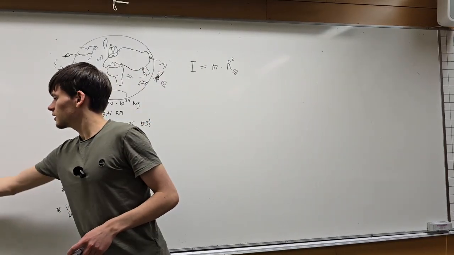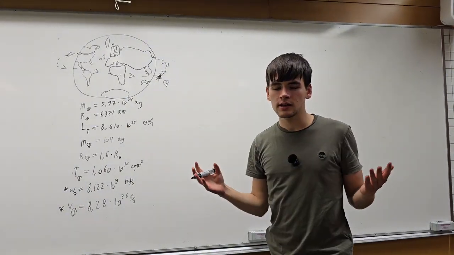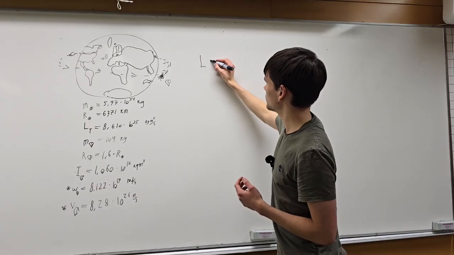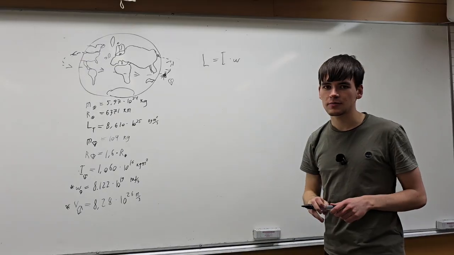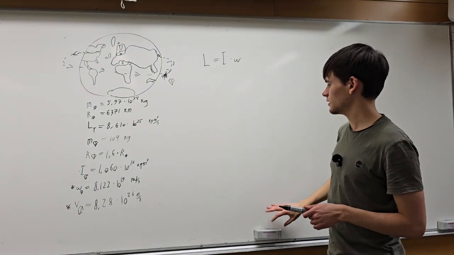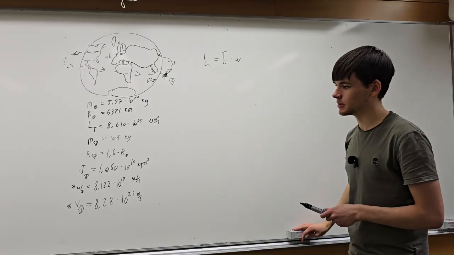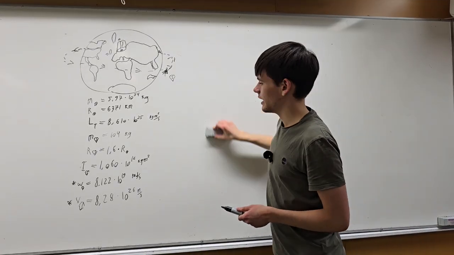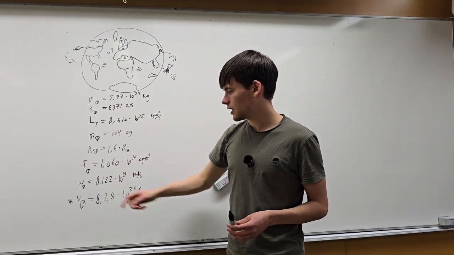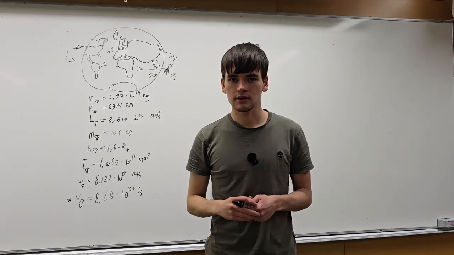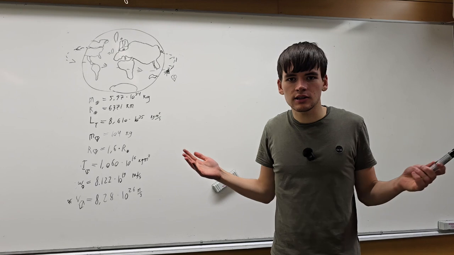So knowing his moment of inertia, and knowing the angular momentum he has, we can use this equation right here again to find what his angular velocity has to be. We find that his angular velocity is 8.122 times 10 to the 19th radians per second, which is a lot compared when you think about the size of the circle he's going in.